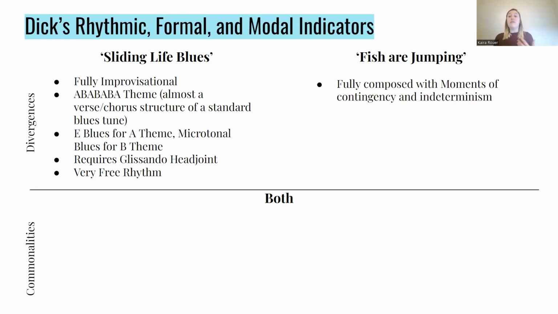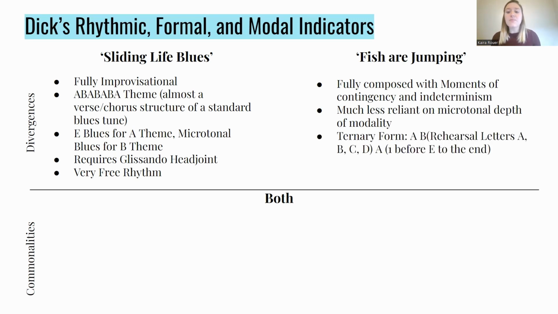In Fish Are Jumping, this is a fully composed piece with moments of contingency and indeterminism. It's much less reliant on the microtonal depth of modality we see in Sliding Life Blues, but it does still use microtones in bending and splitting octaves and things like that. This is a ternary form, ABA.